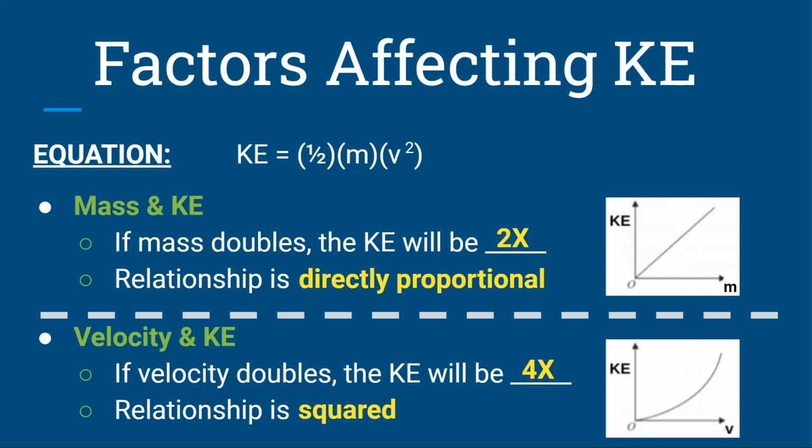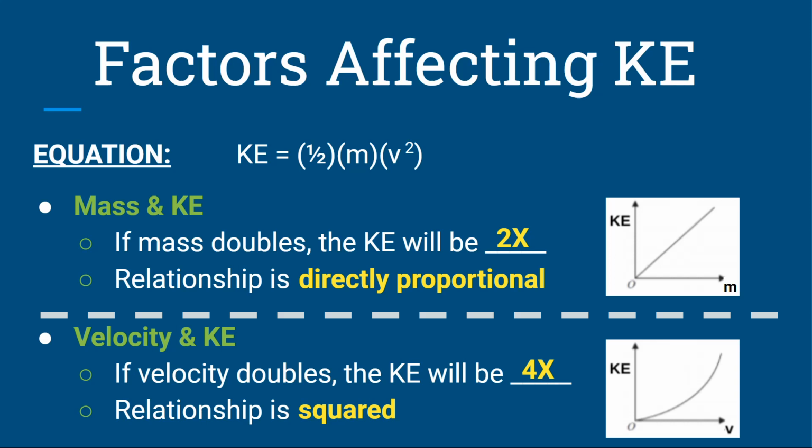So if mass doubles, kinetic energy will also double. A directly proportional relationship is going to look like a linear graph, a straight line like this.